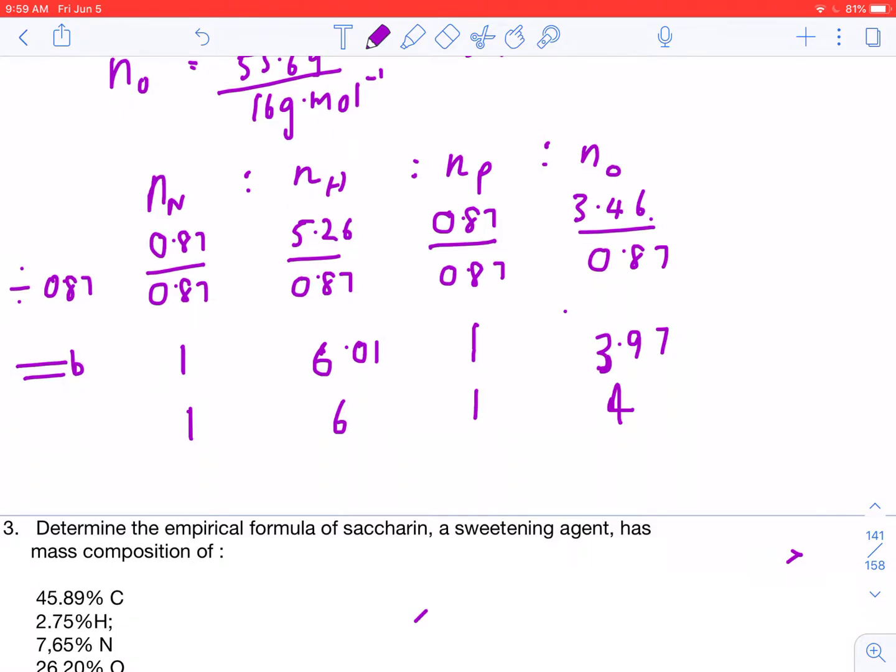Which means N is 1 of it, H is 6 of it, phosphorus is 1 of it, and oxygen is 4 of it. So this is the empirical formula for that fertilizer, NH6PO4.